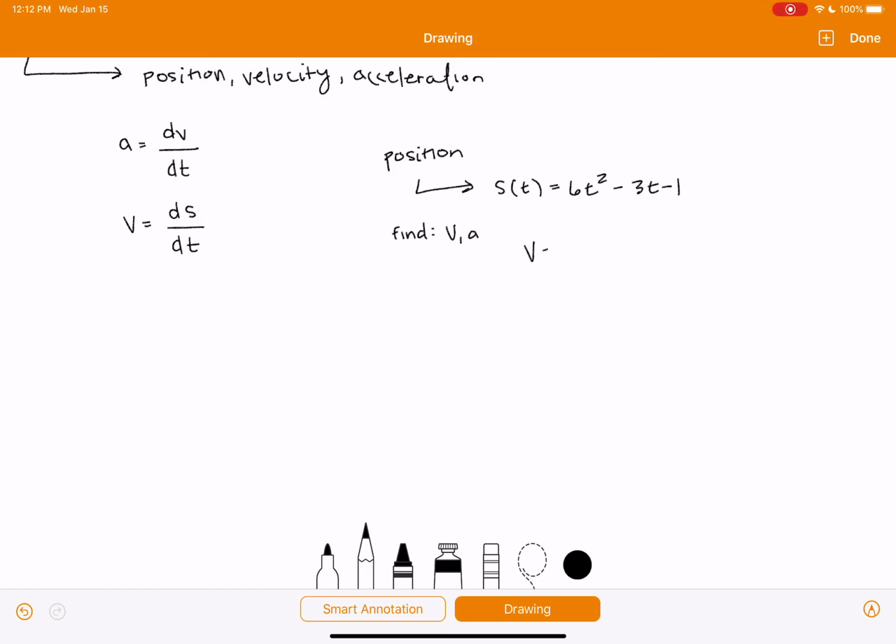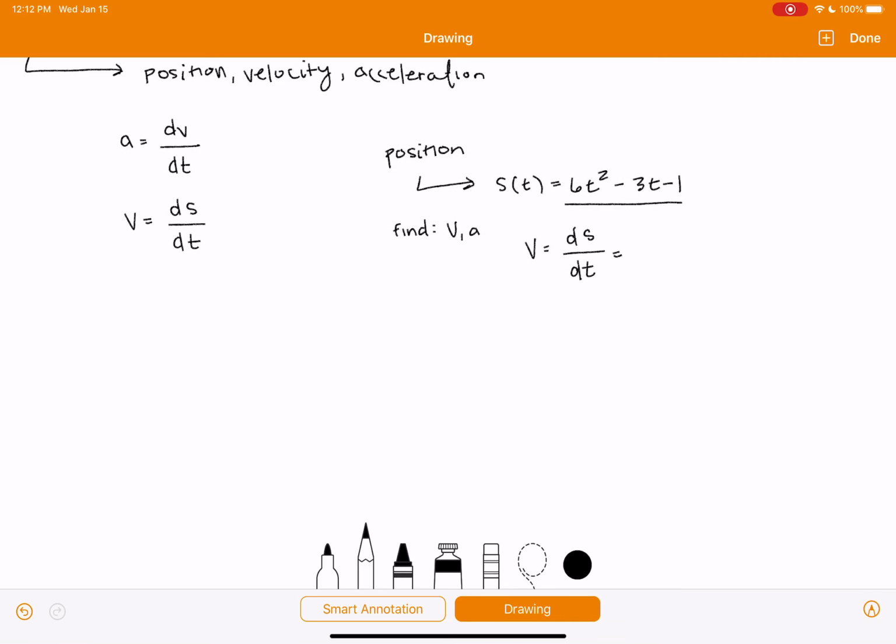So velocity is going to be equal to the derivative of position with respect to time. So we're just going to take the derivative of that equation there. And so we'd get 12t minus 3. And then acceleration would be the derivative of velocity with respect to time. So we're going to take the derivative of this now, which is just 12.